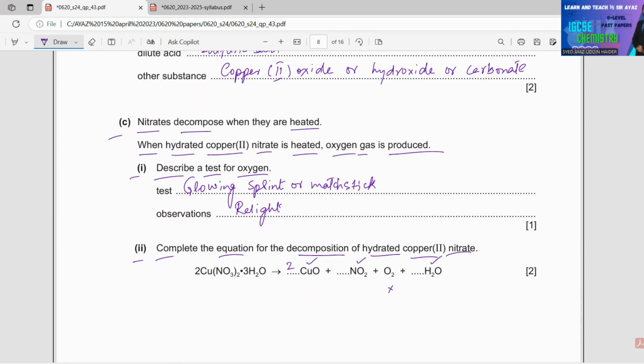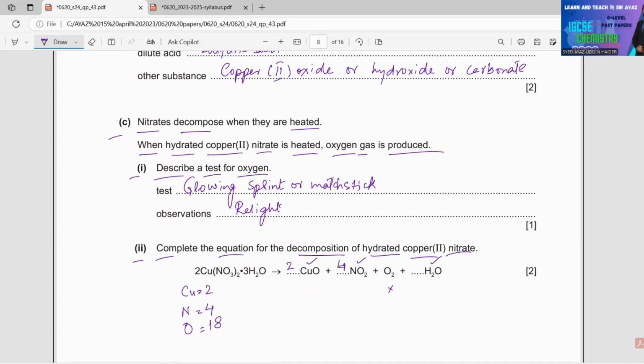What about nitrogen? 2 multiplied by 2 must be 4. Nitrogen is 4 on the reactant side. What about oxygen? 2 threes are 6, 6 twos are 12, and 3 twos are 6. 6 plus 12 is 18. So here must be 18, so NO2 must be 4. I am writing 4 before NO2.